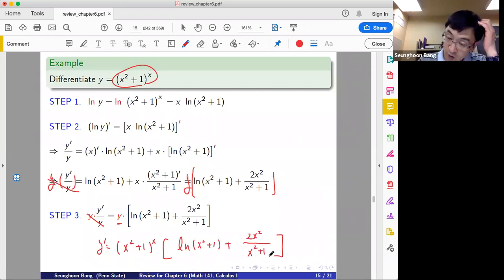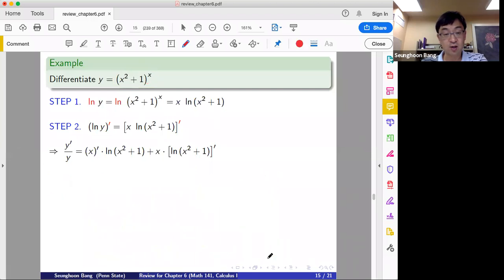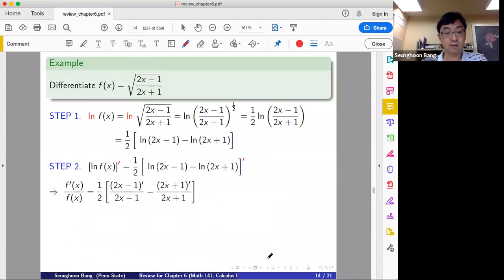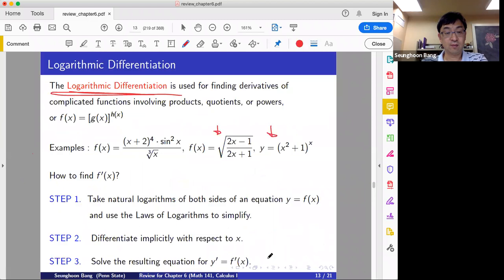But I want to answer your question. How do you know if the problem is a logarithmic differentiation type or not? So the answer is here. When do you use logarithmic differentiation?